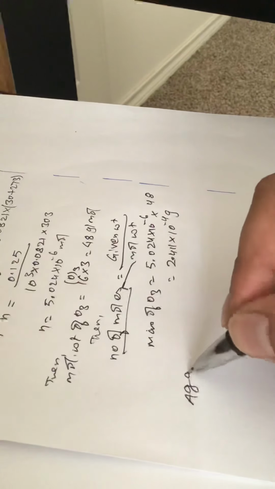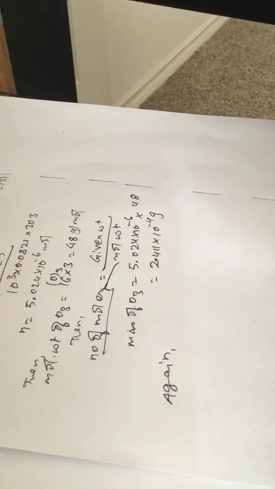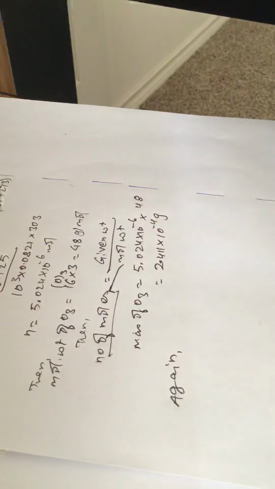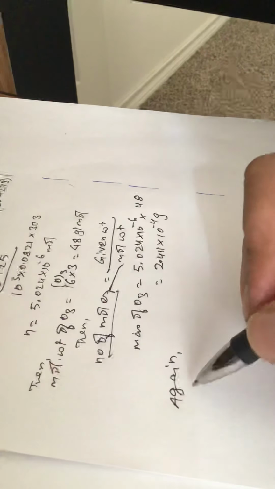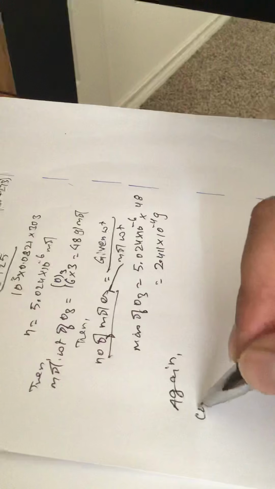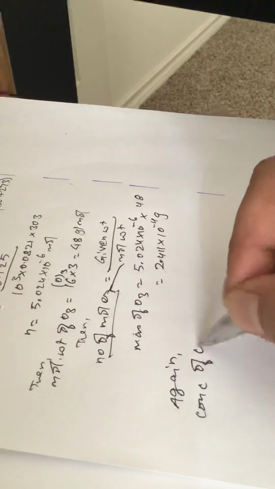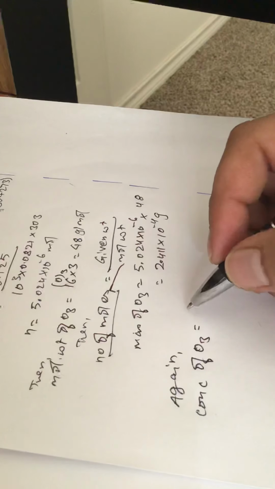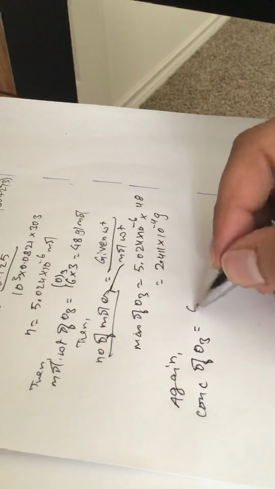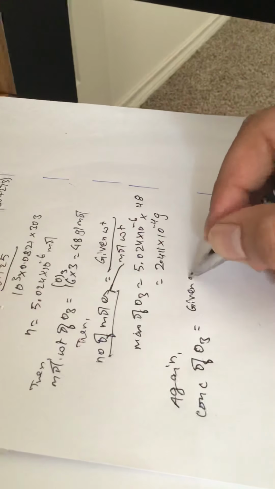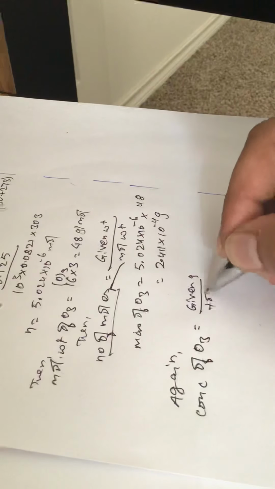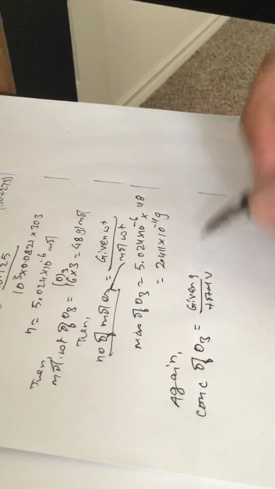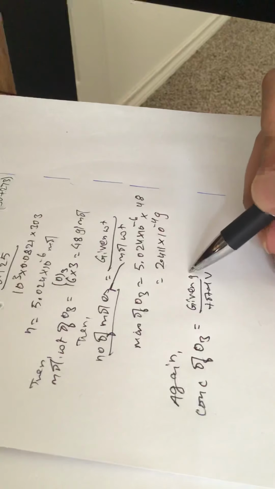Again, we have to find the concentration in microgram per meter cube. So the concentration of O3 equals given gram divided by total volume, because we have to find the concentration in gram per meter cube.